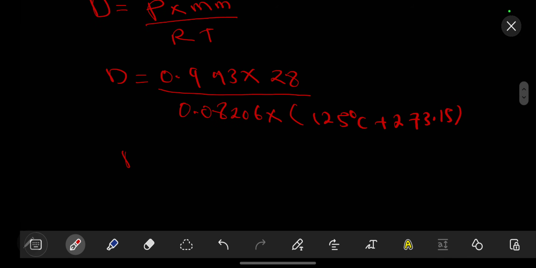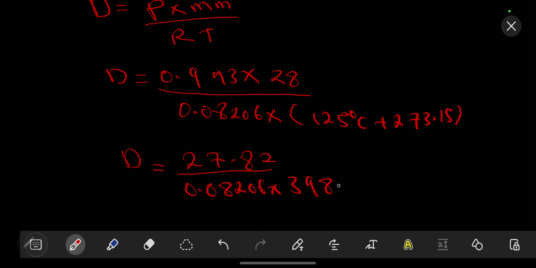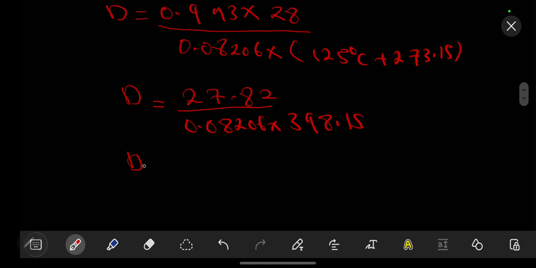When we do this, we end up with density equal to 27.82 over 0.08206 times 398.15. When we divide this, we get 0.851 grams per liter.